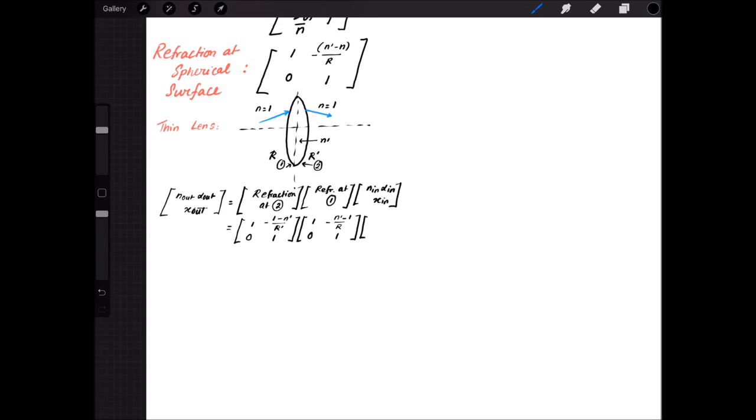Also, the input was air, because the ray was traveling from air to glass, or from air to whatever the medium of the lens is, to be more general. So n in this case becomes 1, alpha in stays, so that's alpha in and x in. Also the output is again in air, so I'm going to write n out as 1, and we'll have alpha out and x out.